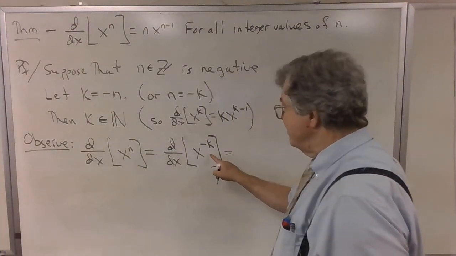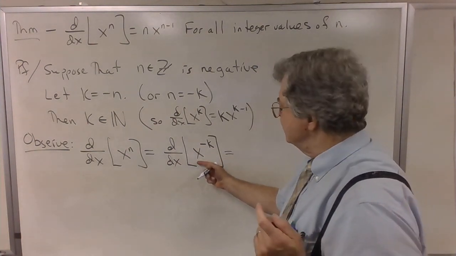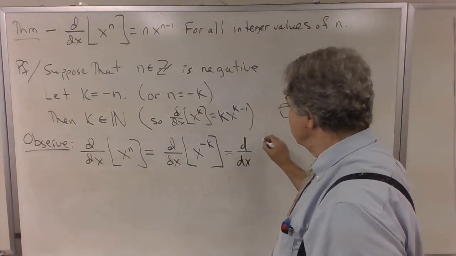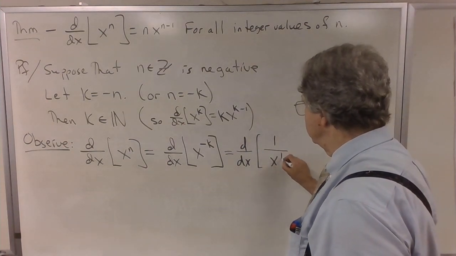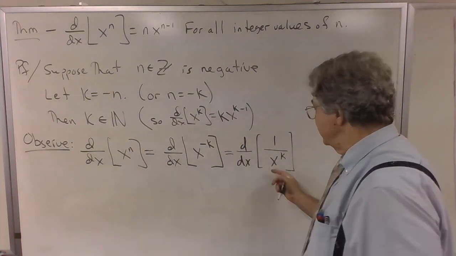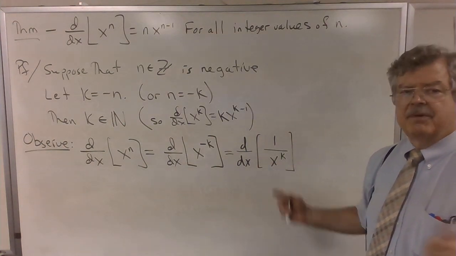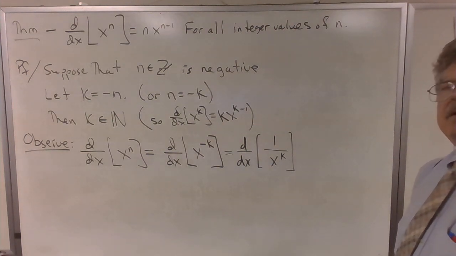I still have to rewrite this in terms of a positive exponent to use the power rule. So I'll write this as 1 over x to the k. Now I have x to a positive exponent. Now what?